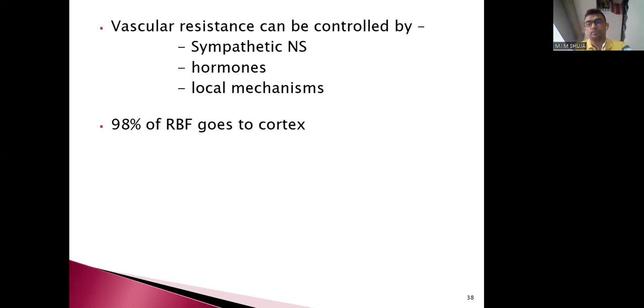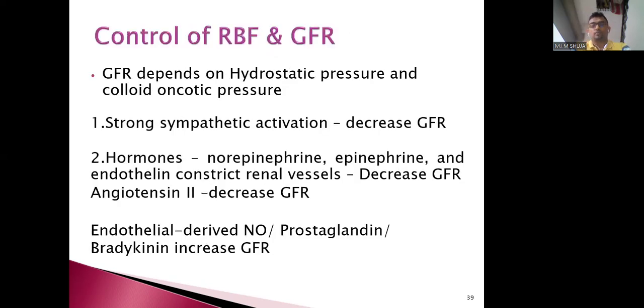There are 2 areas in the kidney, medullary area and the cortical area. So GFR, that is glomerular filtration rate, depends on hydrostatic pressure and colloid osmotic pressure. There are factors that increase GFR, there are factors that reduce GFR.